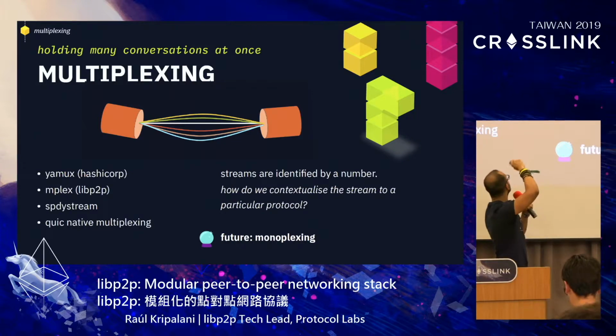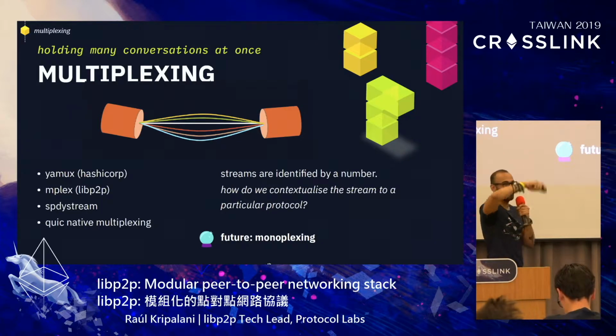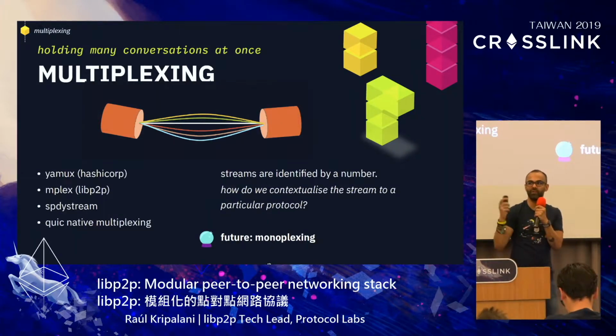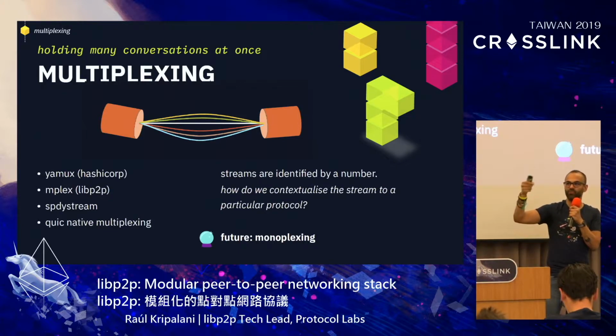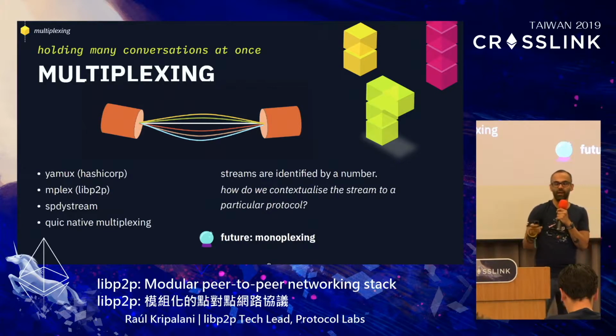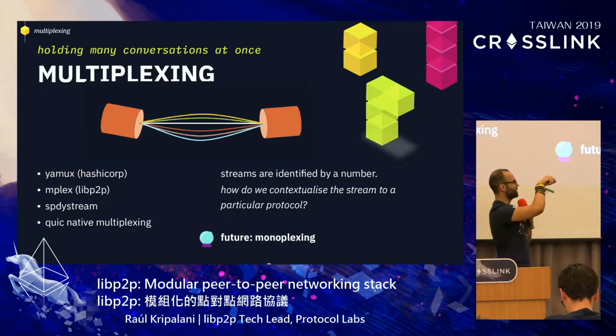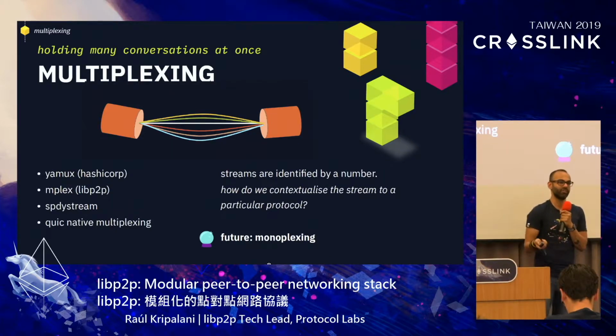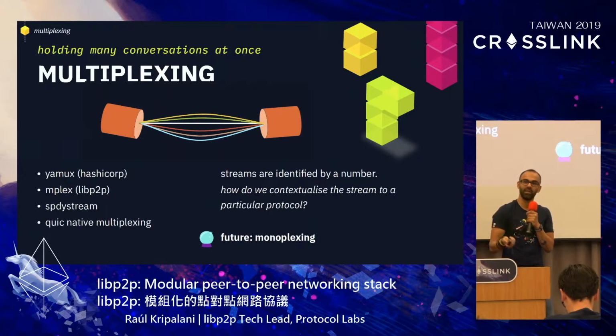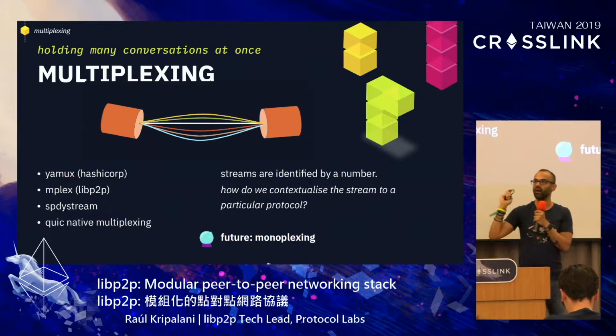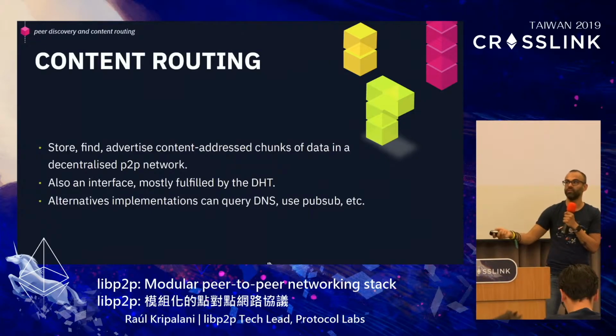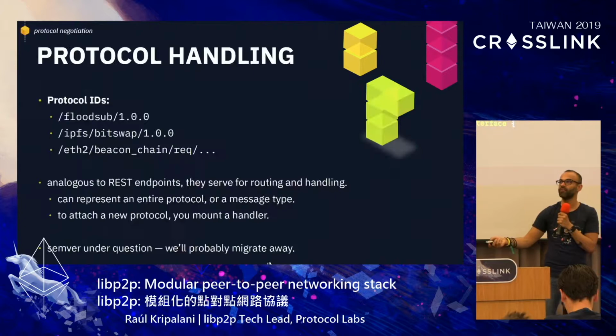We've got 4 implementations of the multiplexing layer: YAMX, MPlex, Speedy Stream and QUIC's native multiplexing. And in the future, we are considering adding support for something called monoplexing, for those applications that don't actually need the multiplexing support, so we don't need to negotiate a multiplexer. And I don't know what happened there.